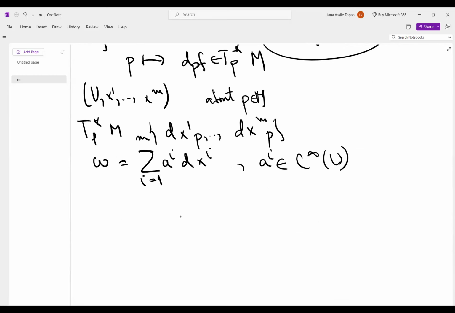In particular, when this one form is the differential of the function, then this is the sum of partial derivatives of f with respect to xi, dxi. So we know this. All right, something like that.